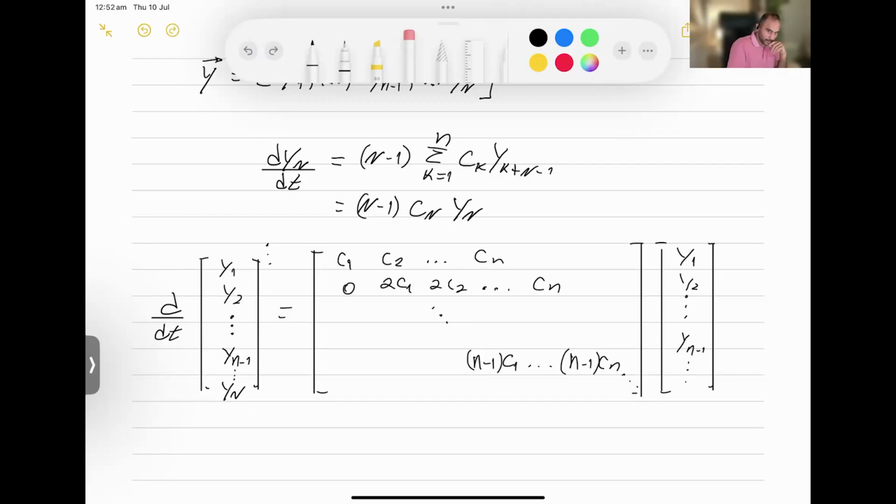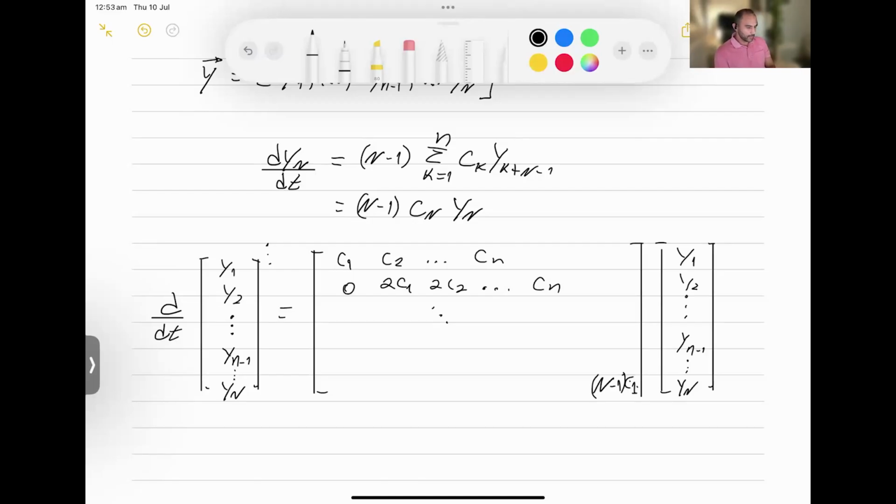And in the end you're going to have, I just don't have enough space here, N minus 1, C1, and here we're going to have capital N. So that's the concept.